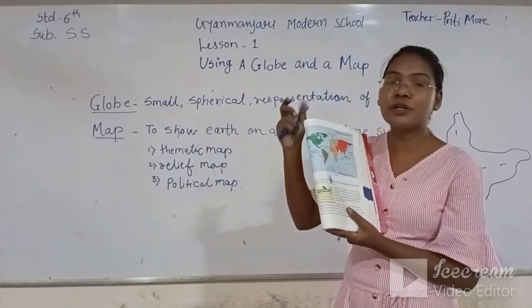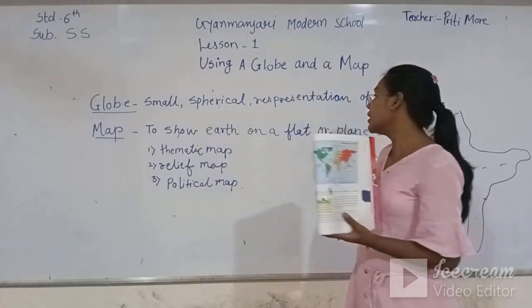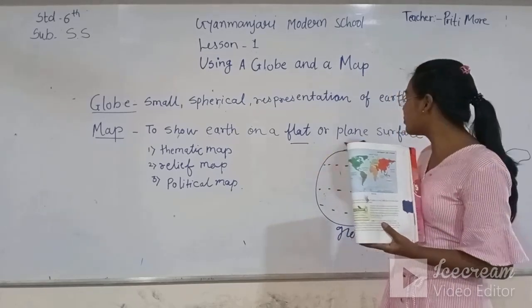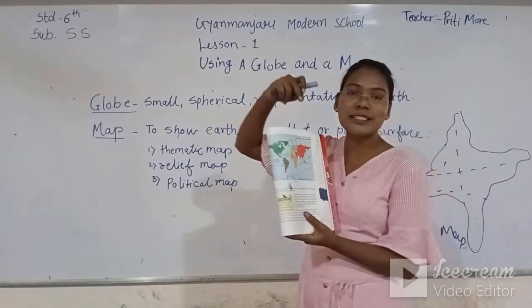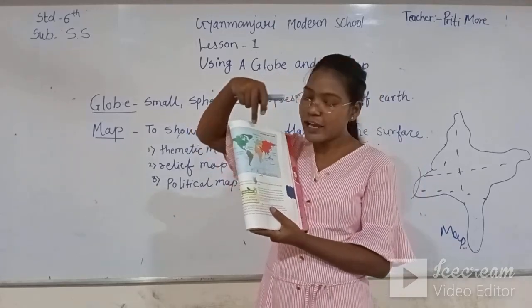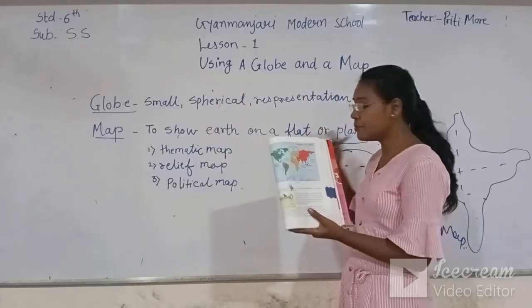All the places are shown on a flat, plain surface. So here also, in this world map, all the continents and oceans are shown on flat and plain places.